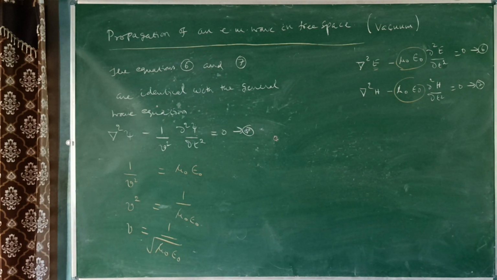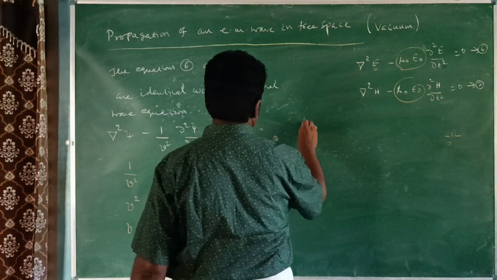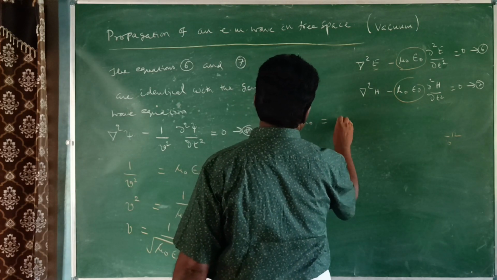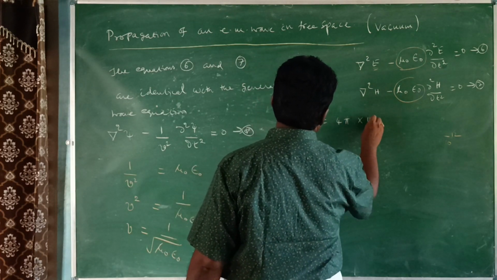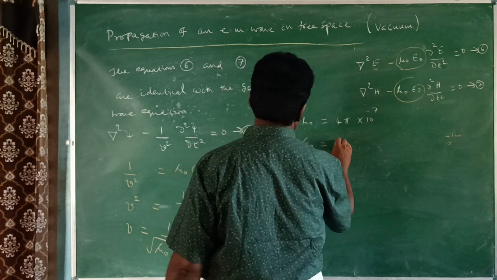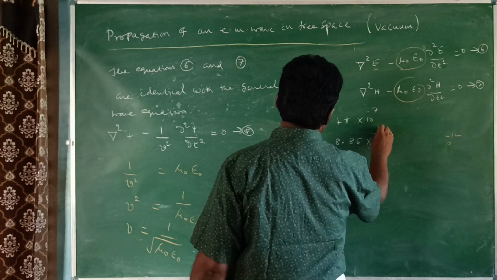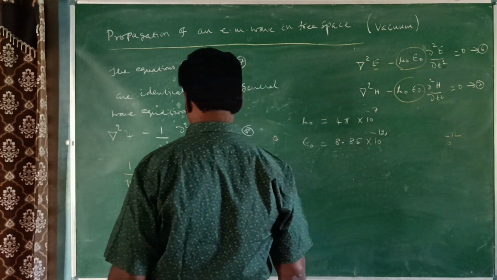in free space. Now I have to find out the value of v. We know the value of mu naught. Mu naught is 4 pi into 10 power minus 7. The value of epsilon naught is 8.85 into 10 power minus 12.